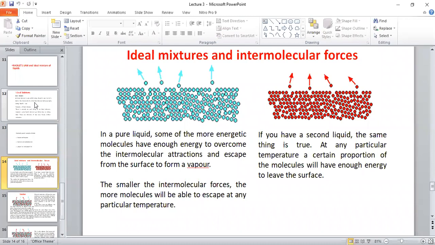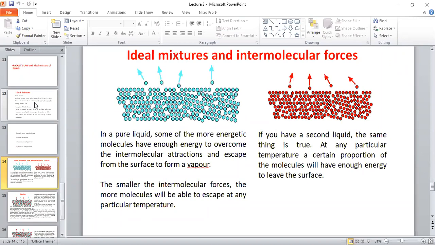So the molecules stay together. They're not released. There is an intermolecular force that is keeping the molecules together for them to remain in liquid form.